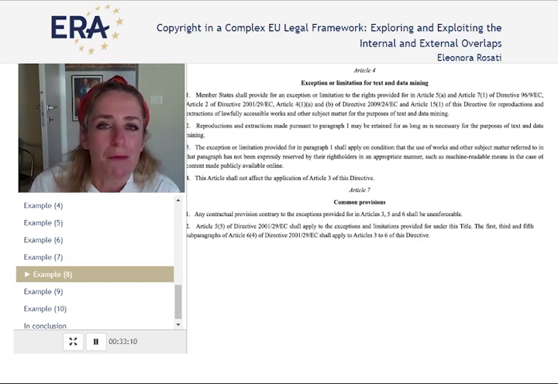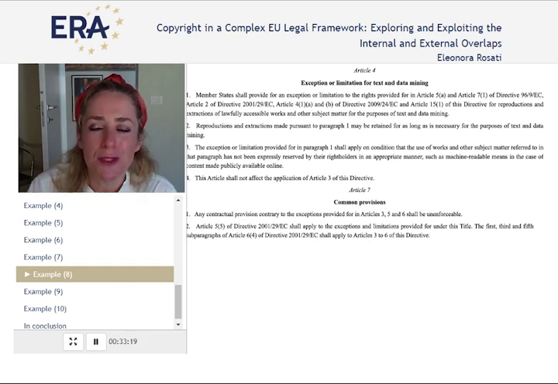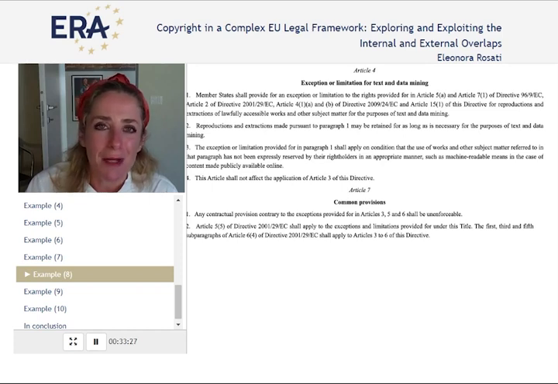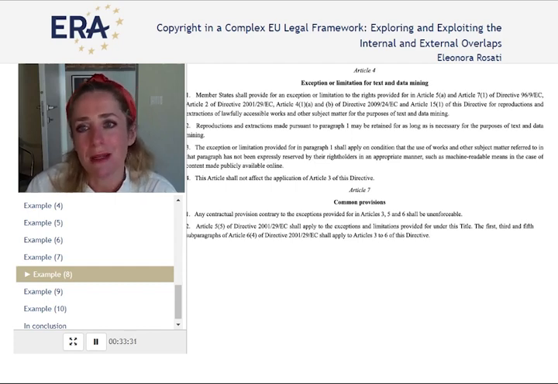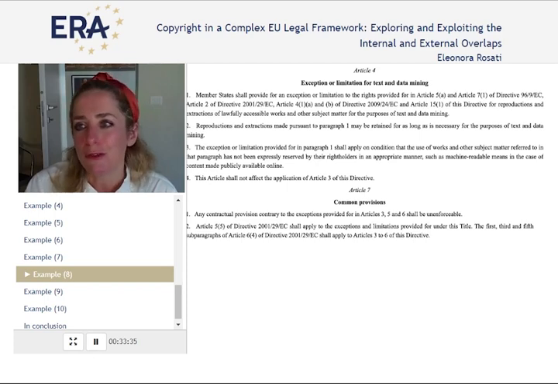So I will not say that any kind of mining process finalized on the training of AI will be excused insofar as right holders have not opted out. I don't think that that is absolutely the case. Indeed, by complying with the three-step test, even where no reservation has been made, there are situations which clearly will not fall within the scope of application of the provision.